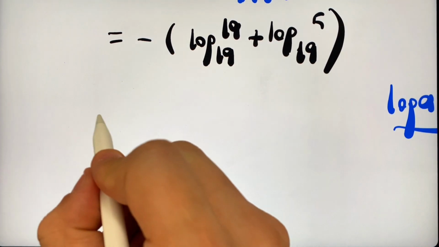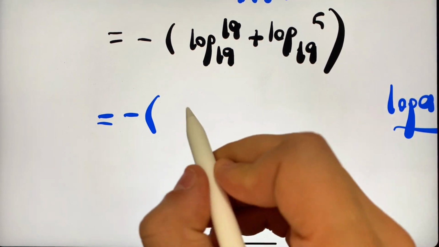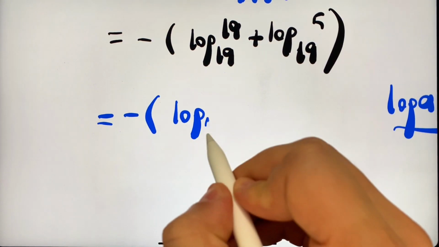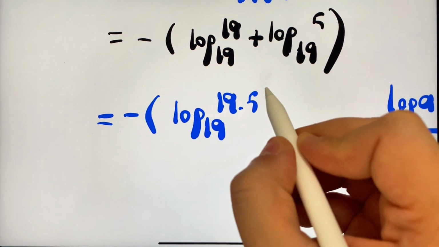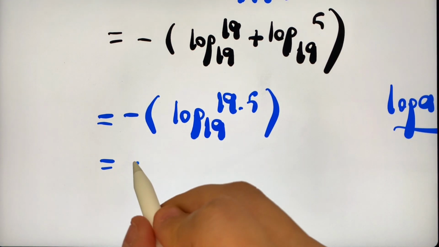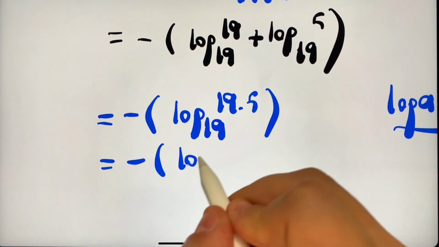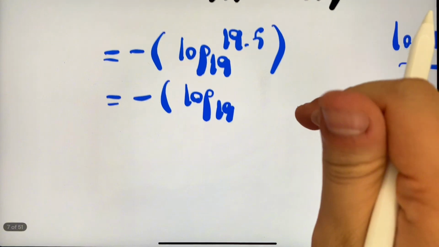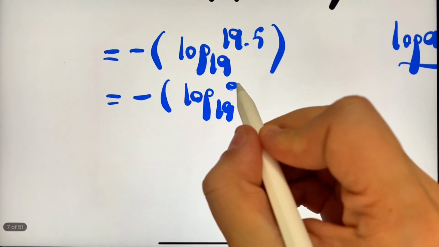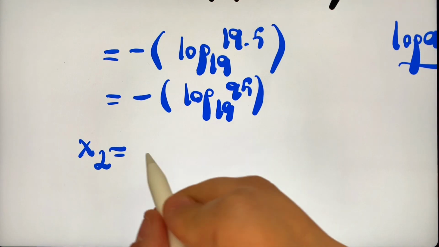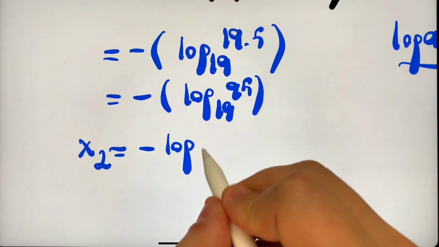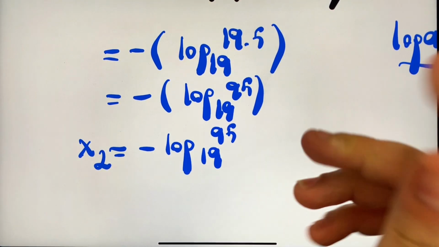In this case, what will turn into minus parenthesis, logarithm base 19 of 19 times 5. It's done. If we take it a little further, minus logarithm base 19 of 95, so our x. Our other answer is minus logarithm at base 19 of 95.